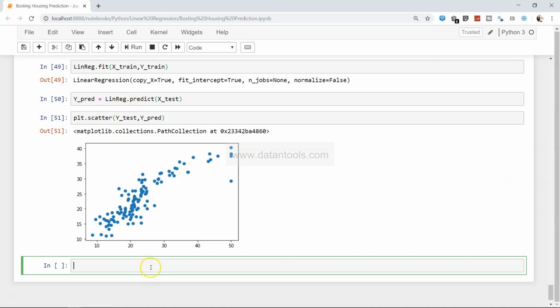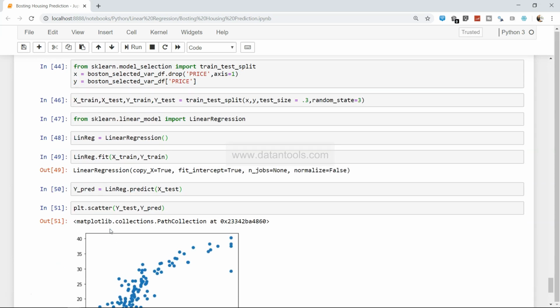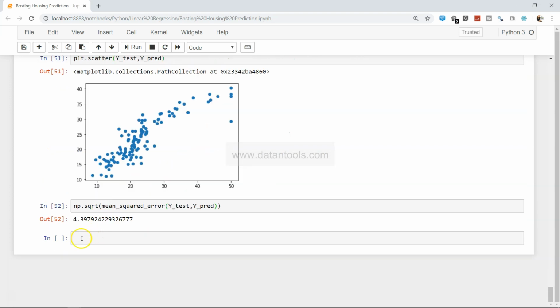We can even compute the error rate: np.sqrt of mean squared error of y_test and y_pred, and we get about 4.39, which is very similar to what we got over here. So in this case, our error rate is further improved a little bit.